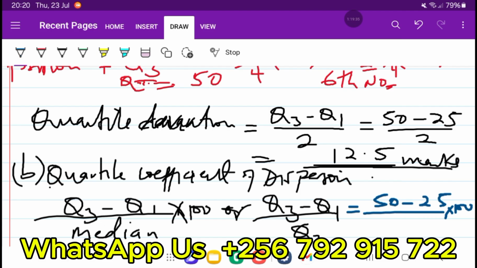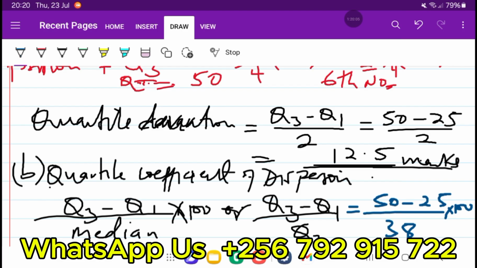Now the median, of course, is the half, 1 over 2. It is the fourth number, which was 38. So 50 minus 25 divided by 38 times 100.